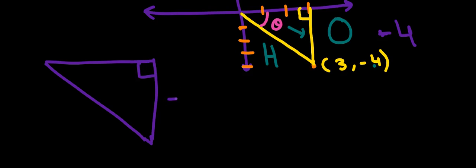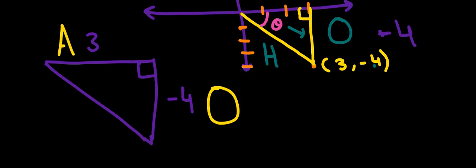So this is going to be -4, and that was 3. And again, this is the opposite, O for the opposite, and this one is the adjacent. Adjacent is going to be 3, and hypotenuse you have to find. So I'm going to write a question mark here.